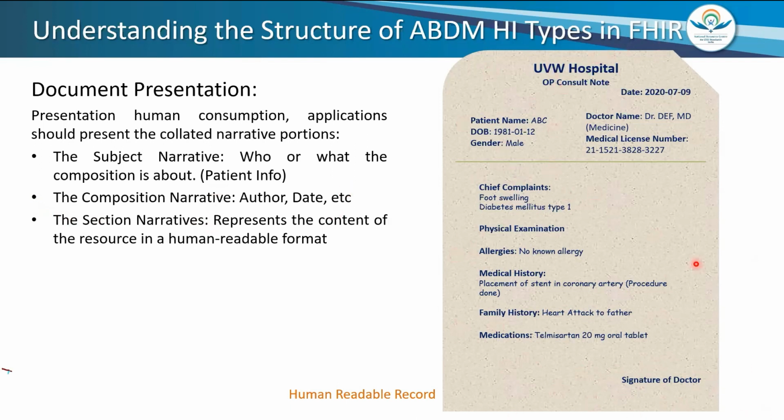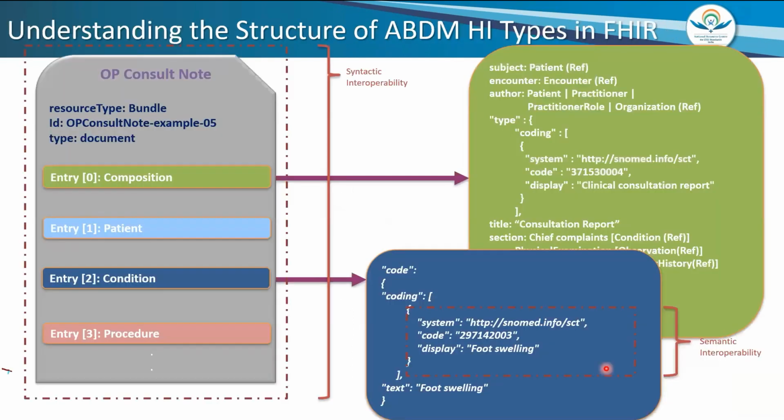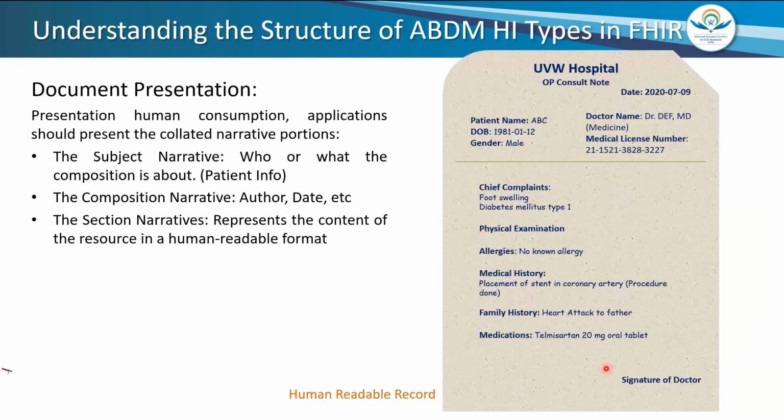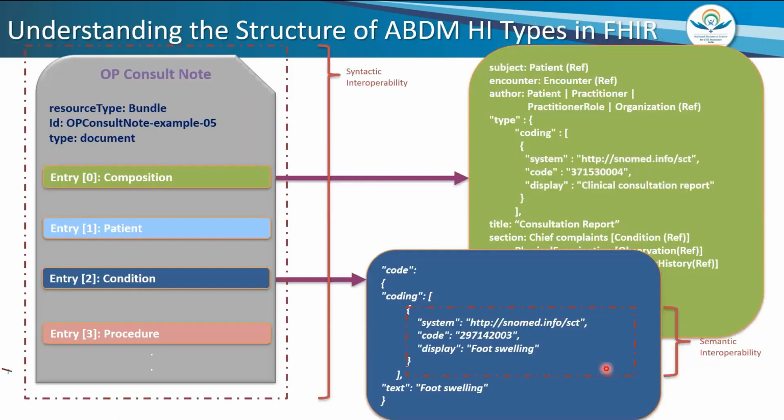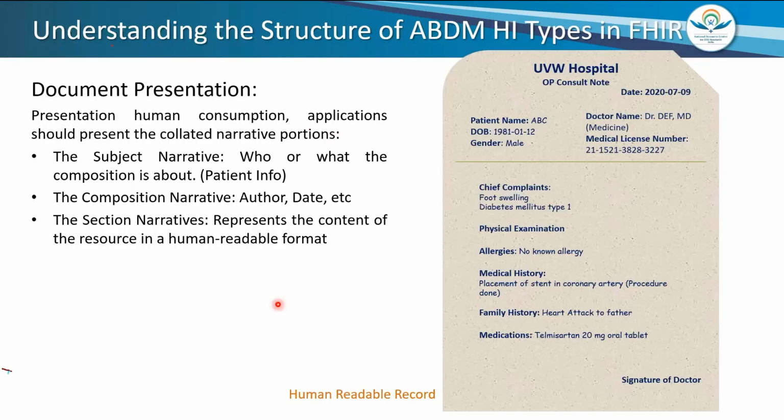We actually have this currently, and what we have done is map it to the standard here. So this is how we have designed all of the HI types, which follow this same concept. There is a composition, there is a bundle, there are sections in the bundle, there are entries, and this is how we have standardized using FHIR for the ABDM use case.